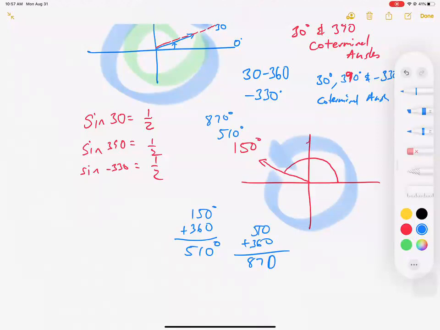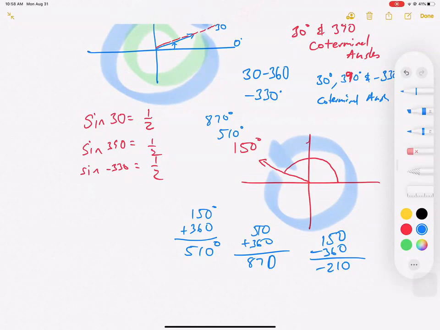Let's go backwards. We can say 150 minus 360. What would that be? Negative 210 degrees. Now, let's see if that makes any sense.